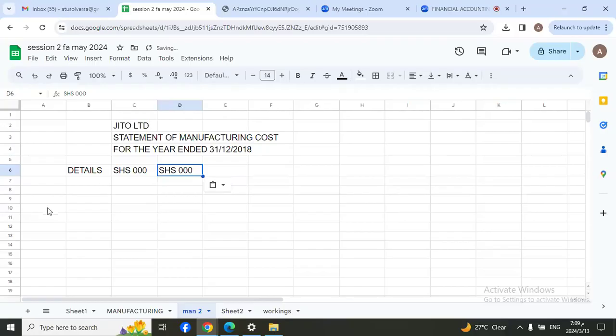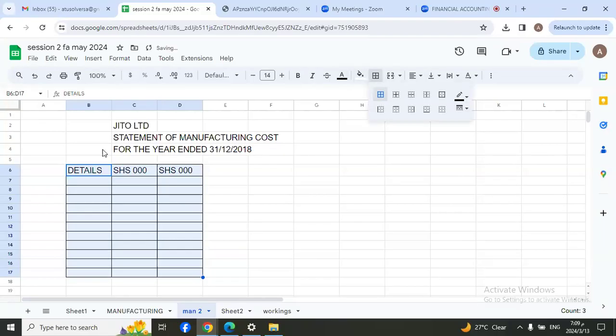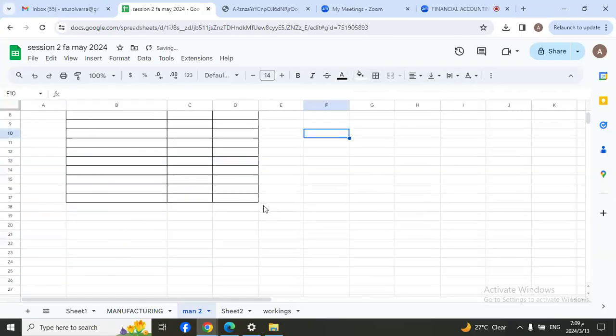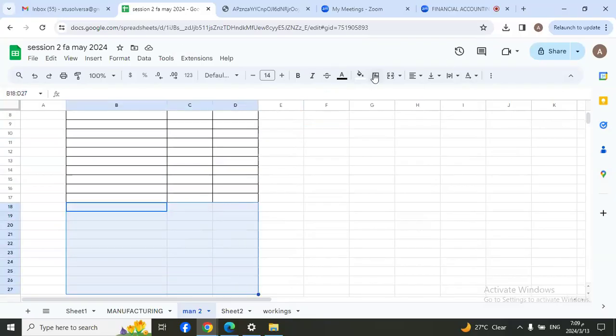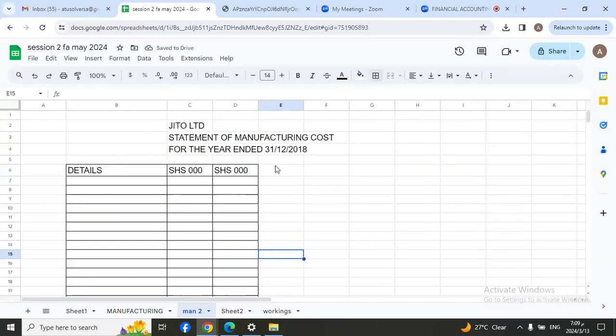So I draw my table. That's how it would be. Then we start.